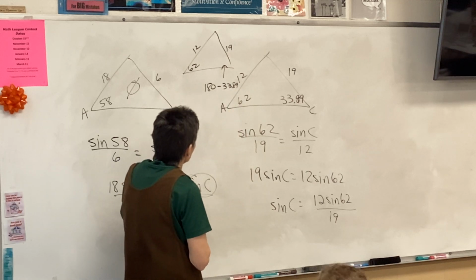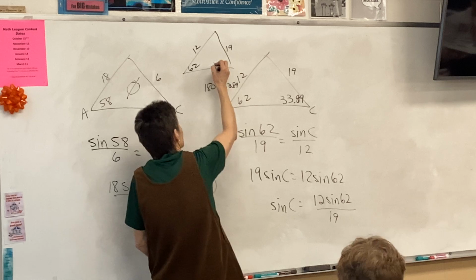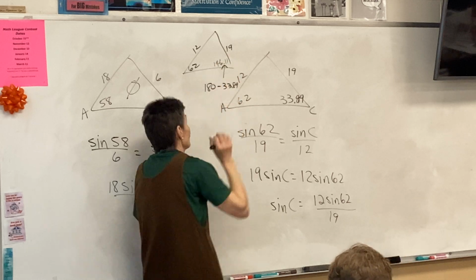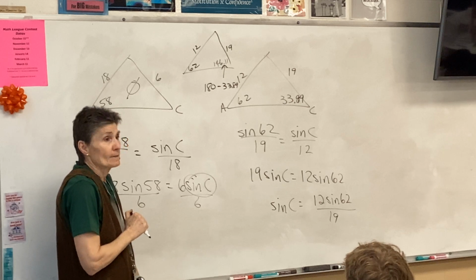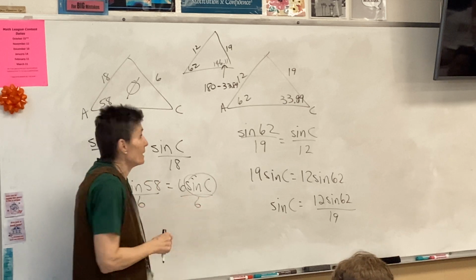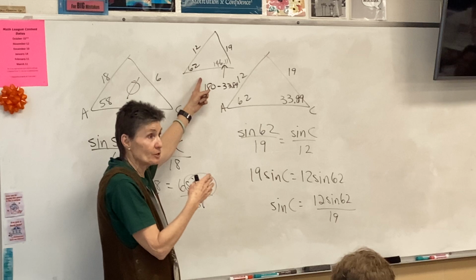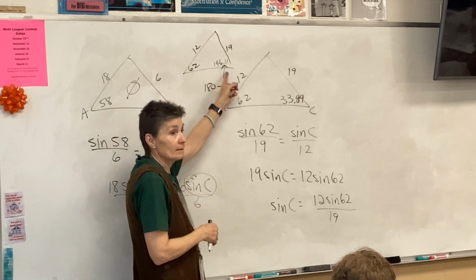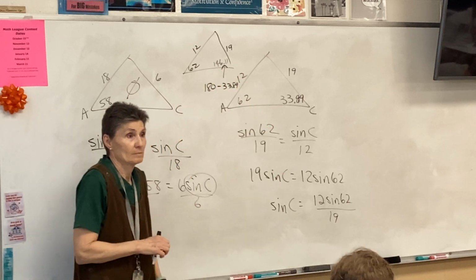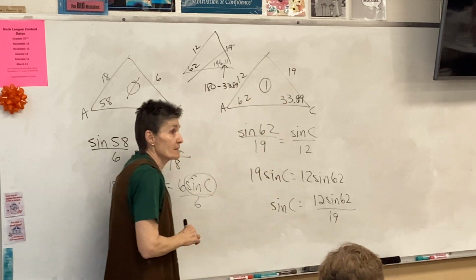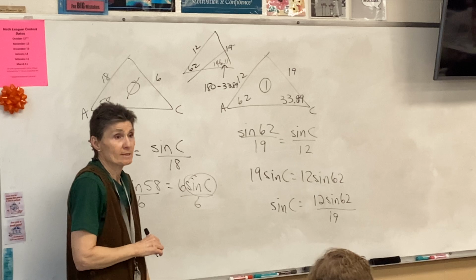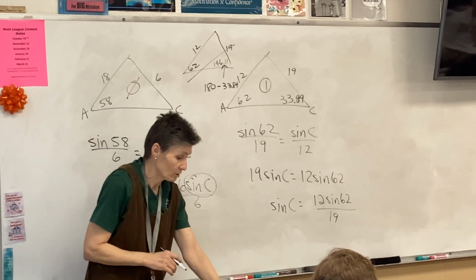So that would be 146.11 if I subtract it right. Is that possible? Can you have your original 62 and 146? No. So therefore, how many triangles are possible? One. Just the original one you got with the 33.